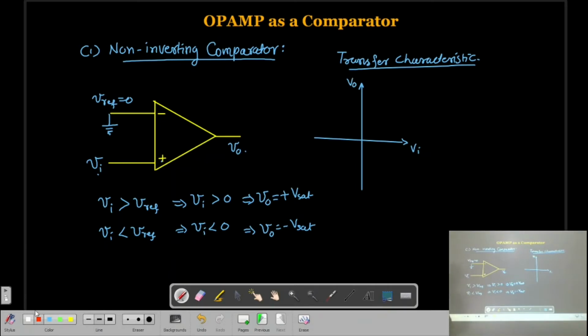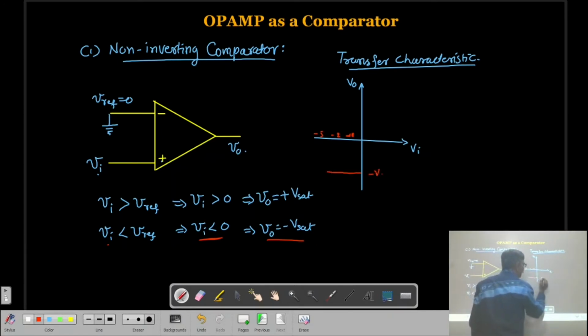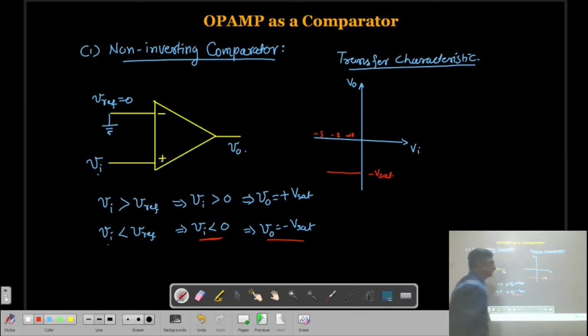Remember, whenever my input voltage is less than 0, the output is minus saturation. Correct? So for all these values of the voltage, if I have minus 1 volt, minus 2 volt, minus 5 volt, then the output of the comparator will be minus V saturation.